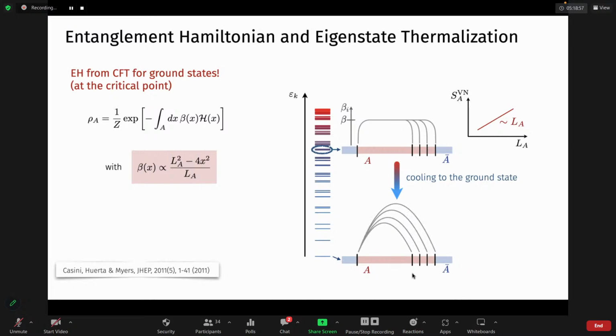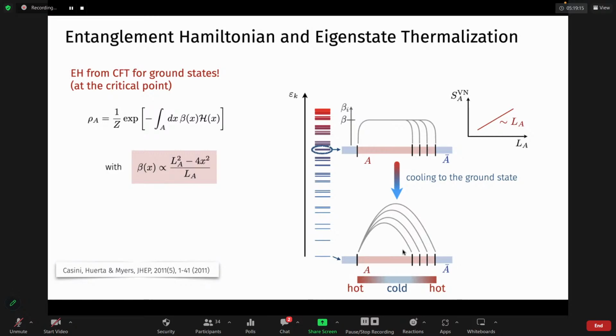And there is a very nice intuition behind this. If you remember that this is some local inverse temperature, what this tells you is that your subsystem close to the boundary, where it touches the environment, is very hot, and in the interior, it is very cold.